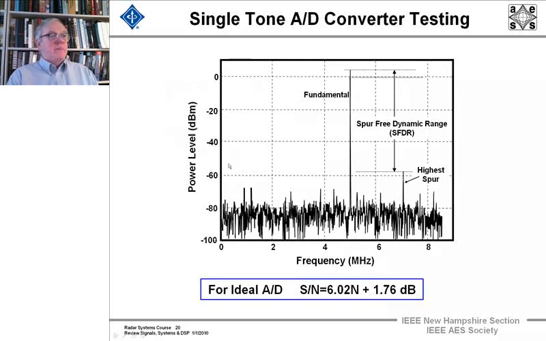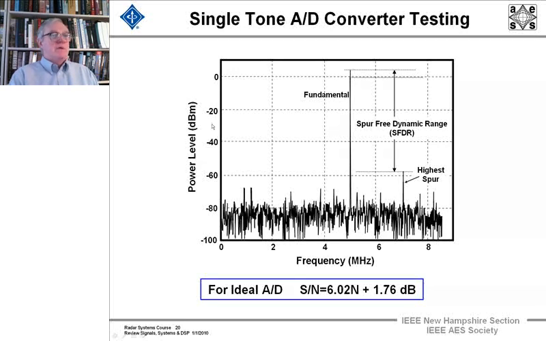Here what we've done is we've taken a pure tone at 5 megahertz, or what we think is a pure tone, and we put it through a spectrum analyzer. And we see the peak of that goes way, way, way up. And roughly the floor is at minus 80 dB and a little above 0 dB power level, probably 5 dB above.